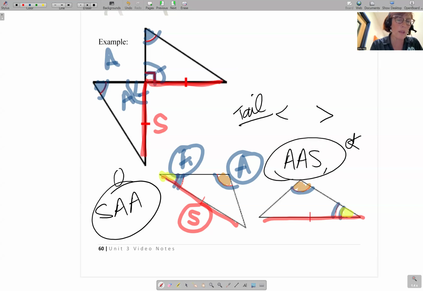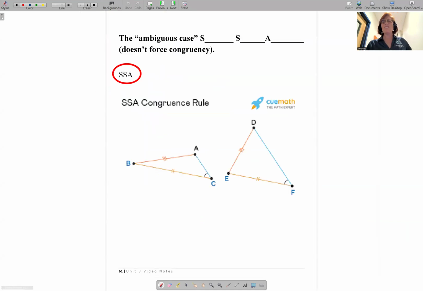Both are okay. All right, now there's one combo, that shortcut that does not work. It's called the ambiguous case, meaning this specific combination doesn't force the triangles to be congruent. And that is side, side, angle.